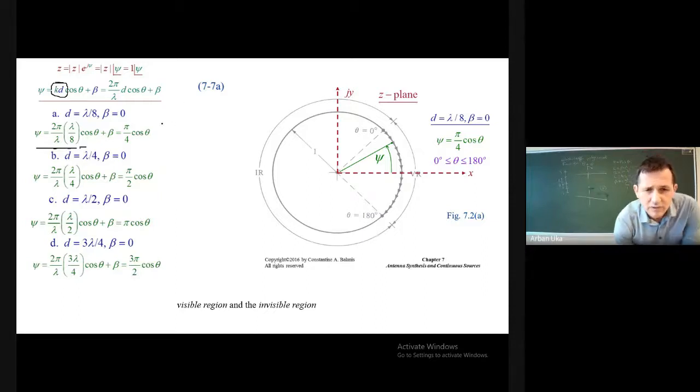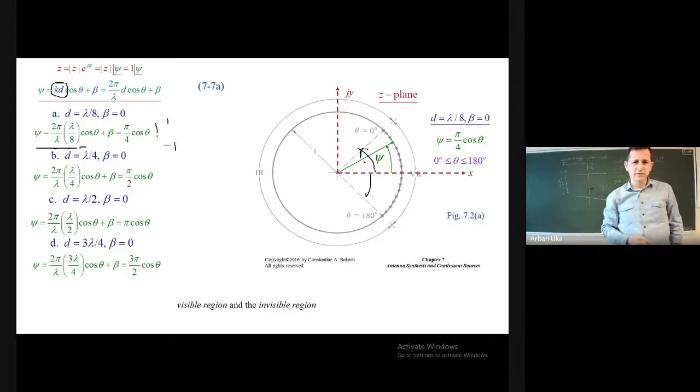Since cosine can have values from minus 1 to plus 1, the psi is anything between minus pi over 4 and pi over 4, which is from minus 45 degrees to plus 45 degrees. This is the domain where we understand the value of psi.